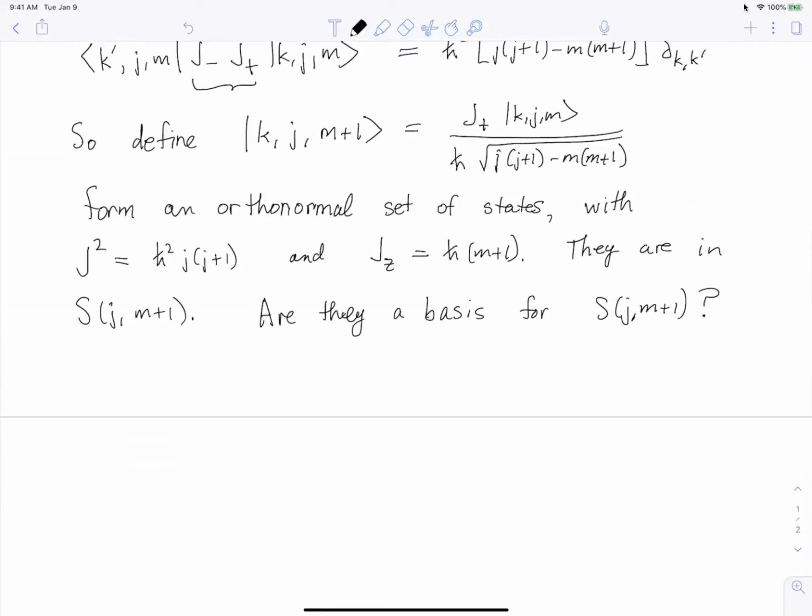So let's suppose they didn't. Let's suppose there was some other state that's not covered.